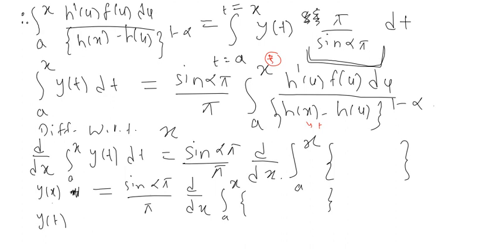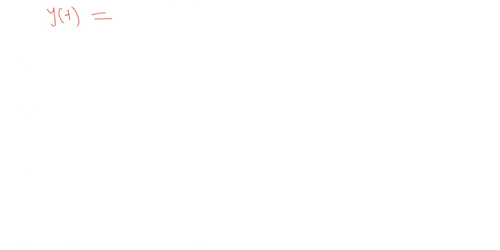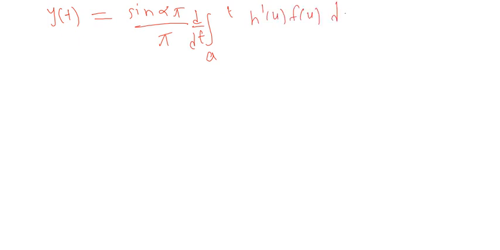So y of t will be equal to sine of alpha pi by pi, d by dt of integral from a to t of h dash of u f of u du divided by h of t minus h of u raised to 1 minus alpha.